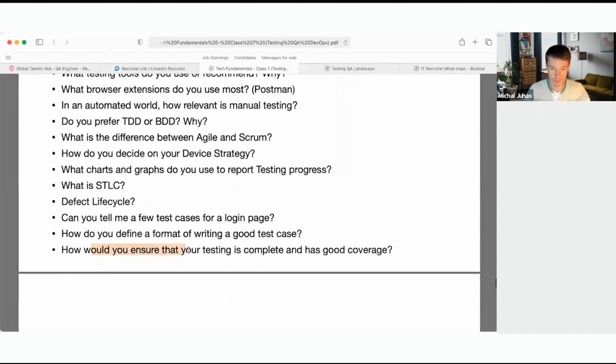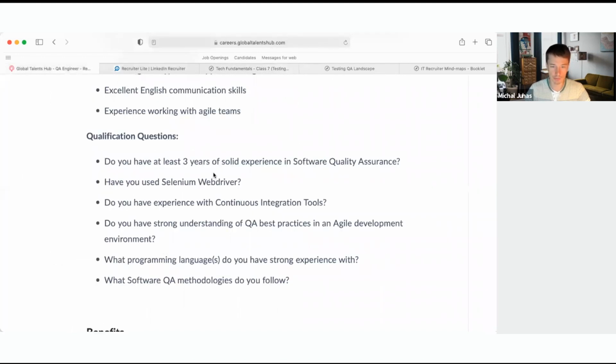How would you ensure that you're testing well? This is not really a screening question, but we see these other qualification questions for this particular position. So have you used Selenium WebDriver? Do you have experience with CI tools, QA best practices, what languages, and what QA methodologies? So now the question is, how do we find this professional, right?